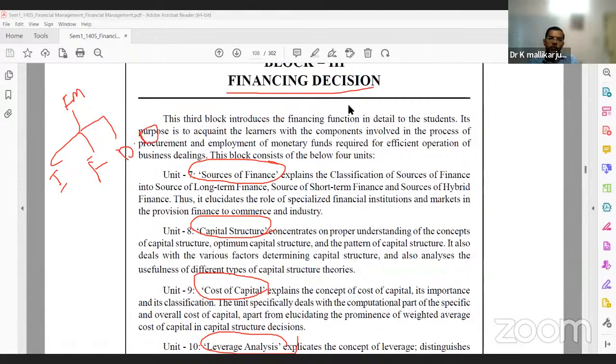For the last 2 days we discussed investment, which is done. Now tomorrow we are going to discuss the financing decision. Under the financing decision there are 4 units: source of finance, capital structure, cost of capital, and leverage analysis.